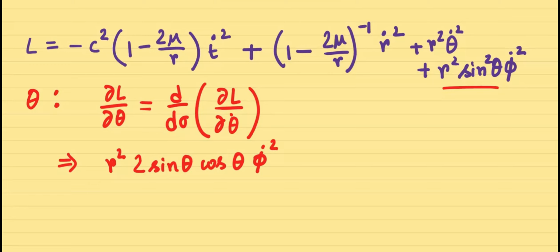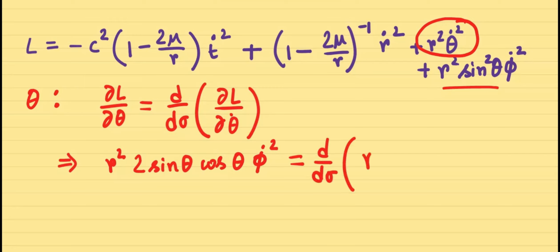What about theta dot? That, of course, resides in the third term. So what do we have? We have the derivative with respect to sigma acting on r squared, and then theta dot squared is differentiated with respect to theta dot, and this is simply 2 theta dot, and that is it.